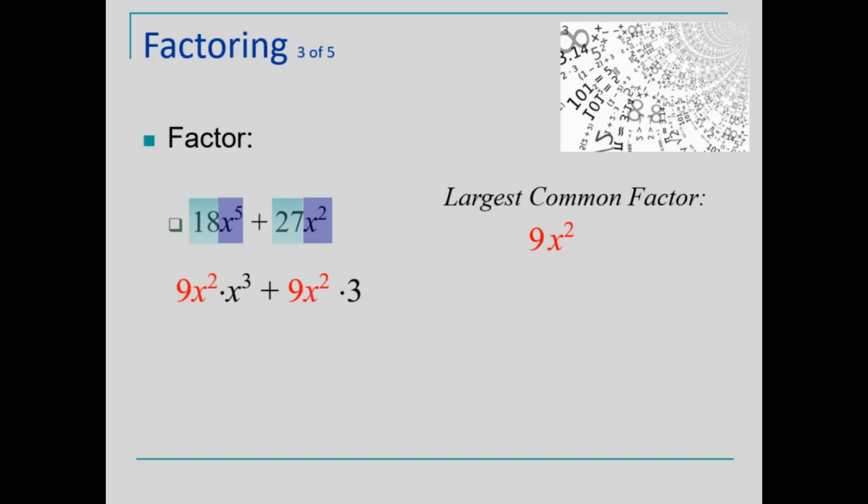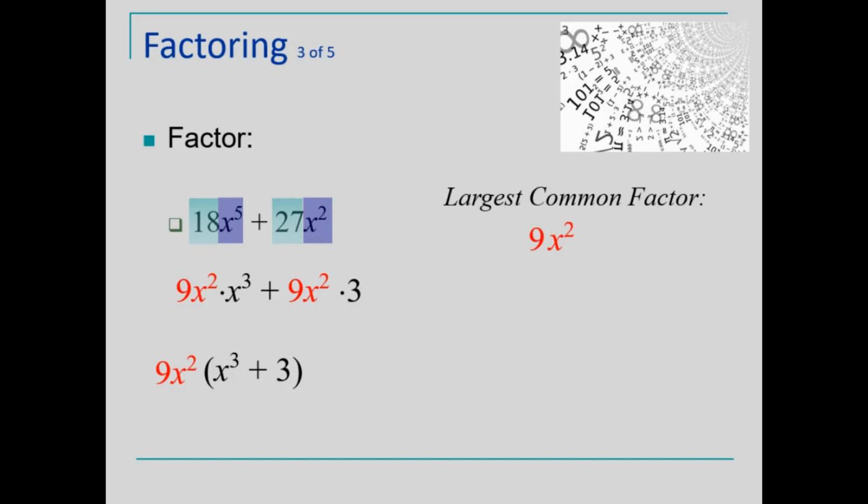Factoring each term with regards to the largest common factor results in 9x squared times x to the third plus 9x squared times 3. Using the distributive law, we can factor the binomial into an equivalent expression of the product of the largest common factor, shown here, 9x squared, times the remaining binomial after 9x squared has been factored out.